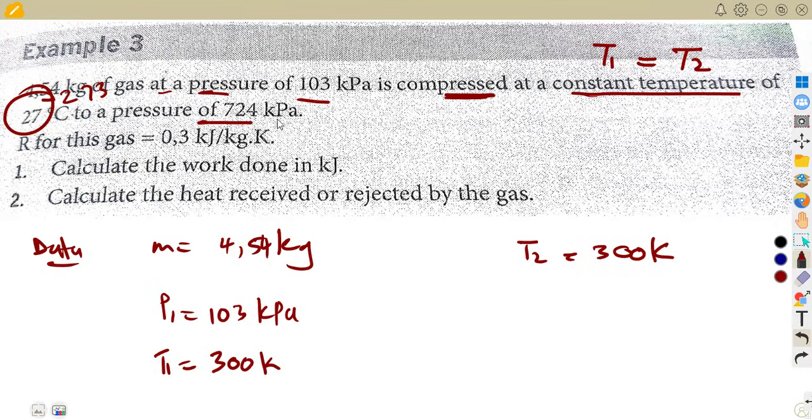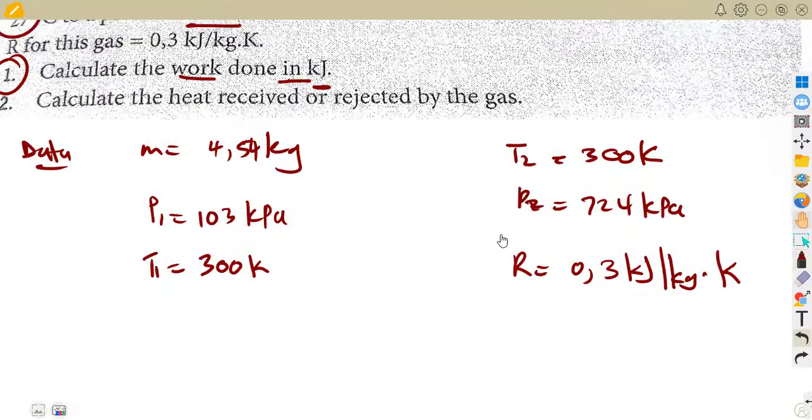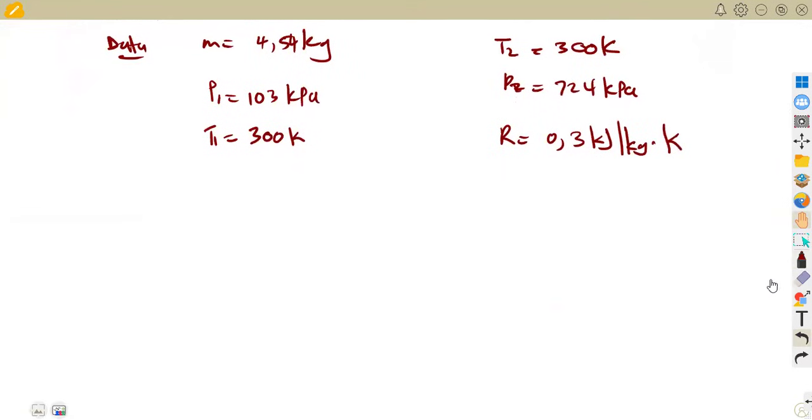To a pressure of, so that is the output there, P2, 724 kilopascal. Then R for the gas is given as 0.3 kilojoules per kilogram Kelvin. Calculate the work done in kilojoules. It's an isothermal process with 3 different formulas to be used, where T1 is equal to T2.